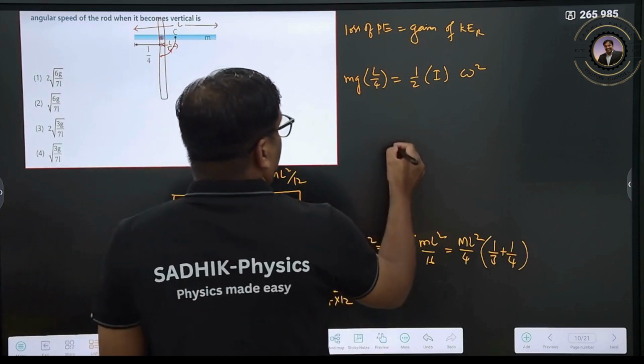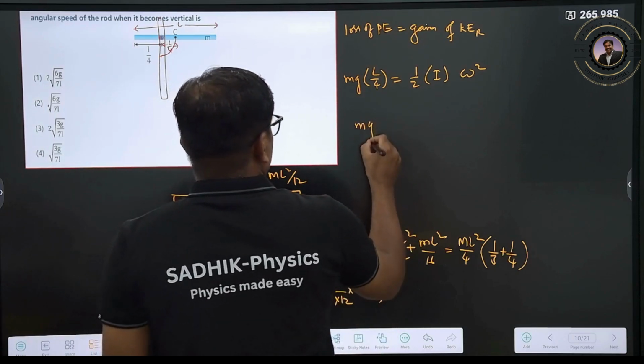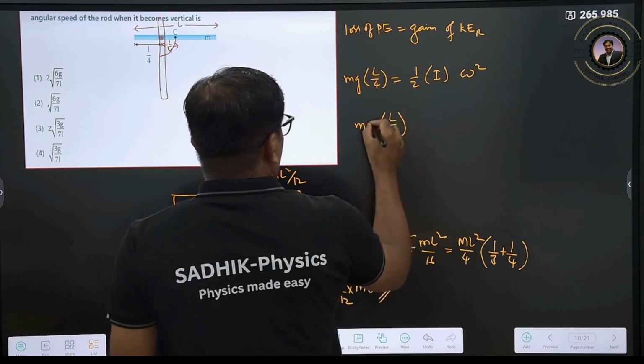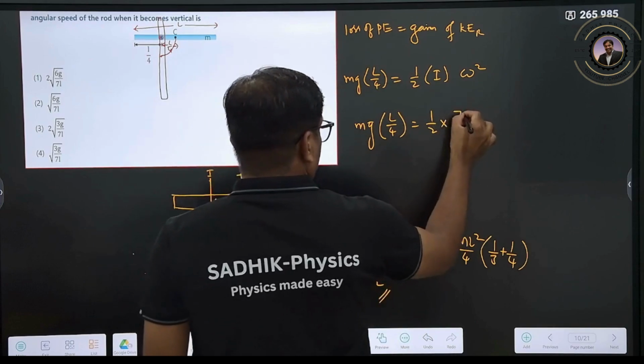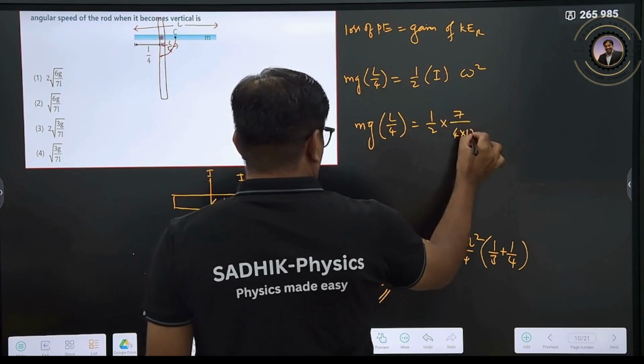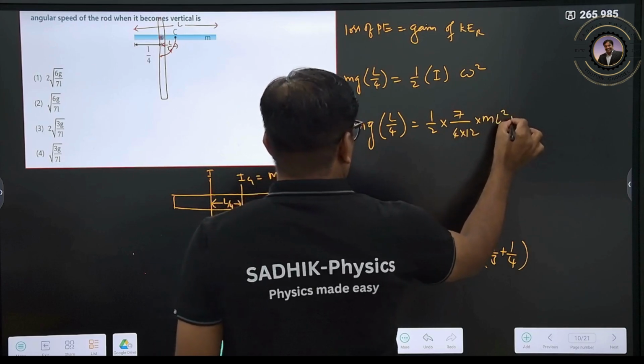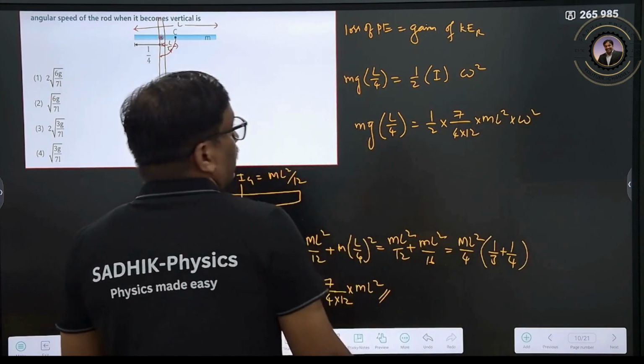Now you can rewrite it as mg into L by 4 equal to I, where I is 7 by 4 into 12 ml square, into omega square. Right?